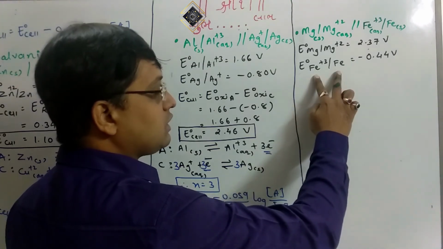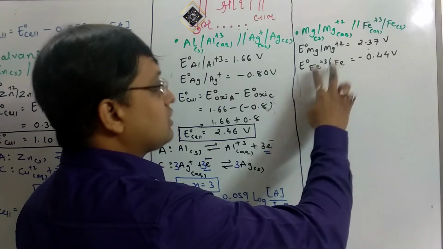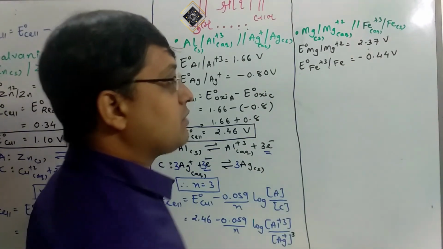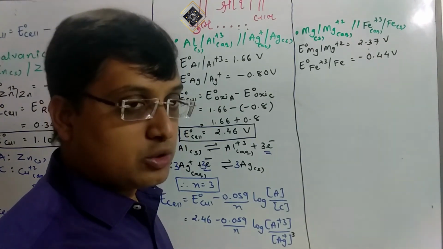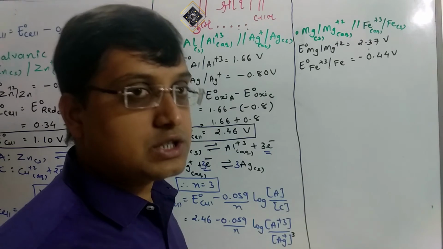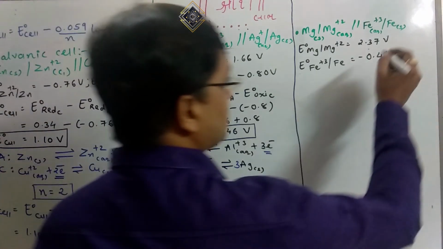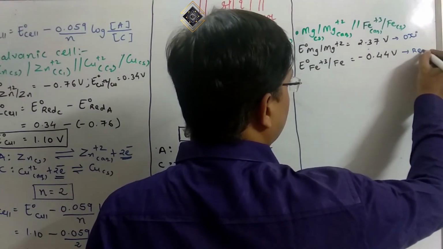That means plus 3 to 0, so this potential is reduction. So one is in oxidation form, another is in reduction form. But obviously we have to interchange any one. Both are required either in the form of oxidation or in the form of reduction. Clear?